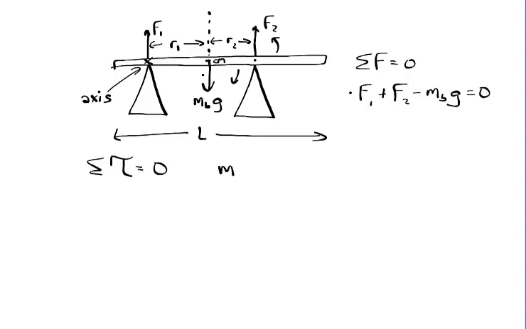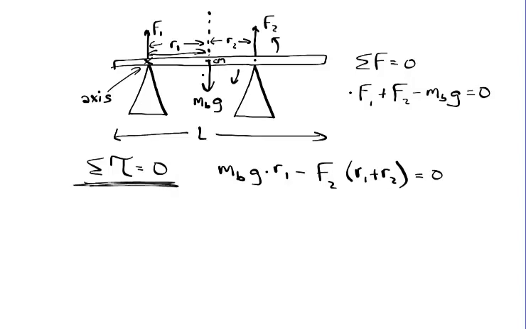Torque being force times distance, the force is the weight of the board, and the distance from the axis of rotation is R1, this distance here. The counterclockwise, I've got force 2, which is acting a distance of R1 plus R2. And what's it all equal to? 0, because those are my two torques, and the net torque here is adding up to 0.